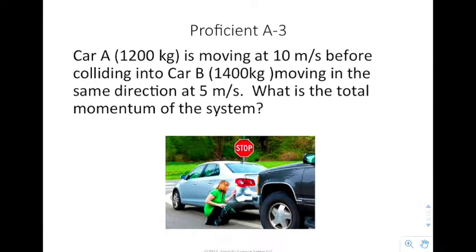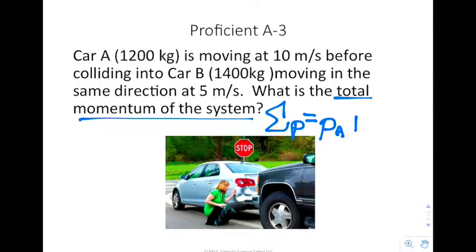Next it says car A is traveling at 10 meters per second before colliding with car B, moving in the same direction at 5 meters per second. What is the total momentum of the system? So what I need to do is find the total momentum, and that's going to be car A plus car B. So I'm going to have car A over here, and I'm going to do it in blue.